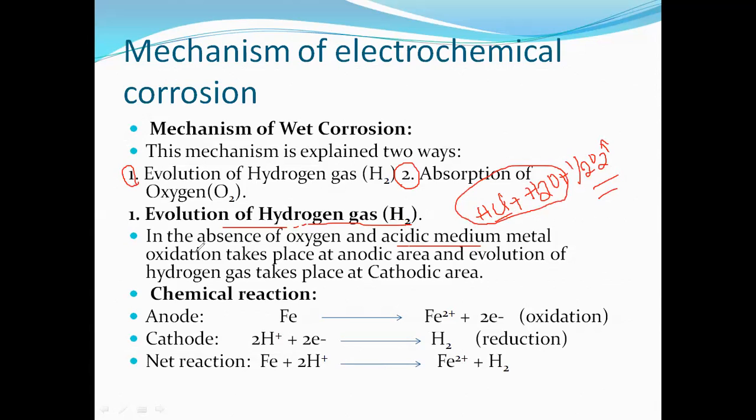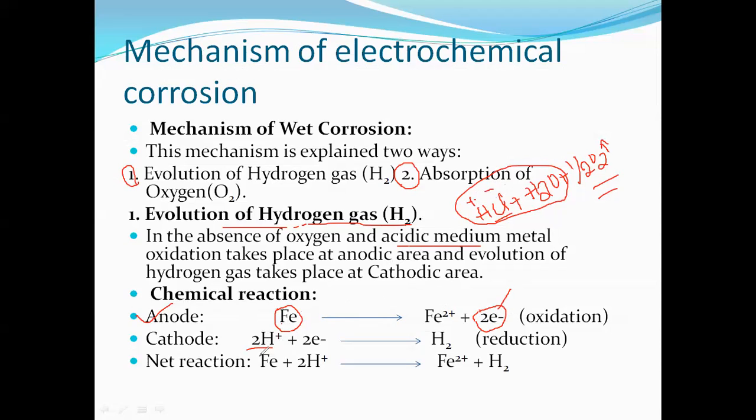When we are taking the metal in the acidic medium condition, the metal surface acts as anode. That means iron gives rise to Fe2+ plus 2 electrons. The loss of electrons is known as oxidation. Then the H+ ion, which we take from hydrochloric acid, which gives H+ plus Cl-.